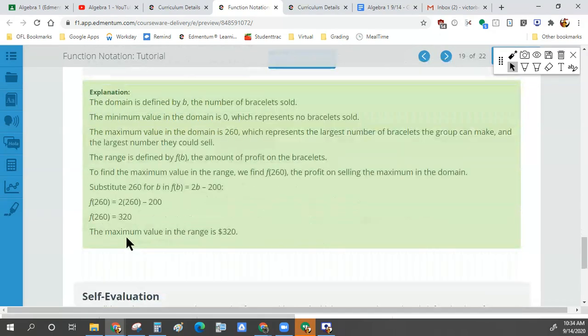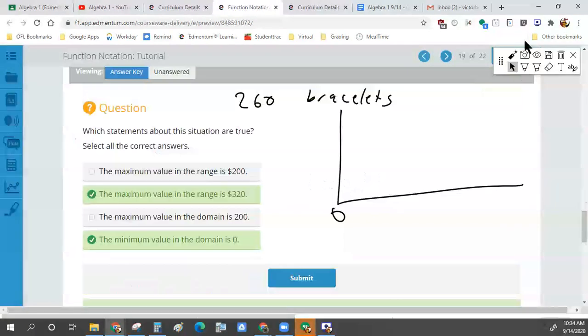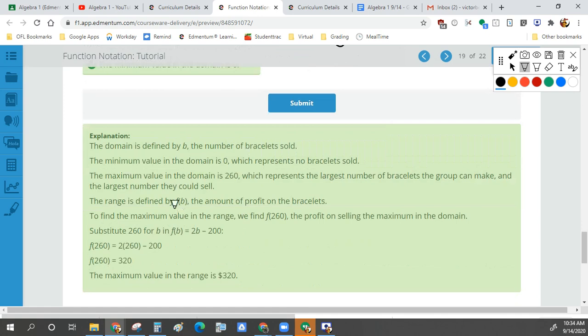Why would it be 320? Oh, okay. That was me being too lazy to calculate this out. So if I find the maximum number of bracelets I sell, so this is our maximum for the domain. If we subtract this by 100, so we're multiplying it out, this would end up being 520, take away 200.